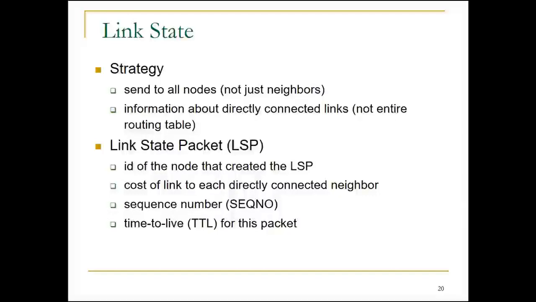And one of the strategies we use to address that is by sending messages to all nodes. So if there are issues happening within a given node or a given side of the network, it's the job of the node that's connected to that particular link to inform the other nodes within the network about the status of its links.